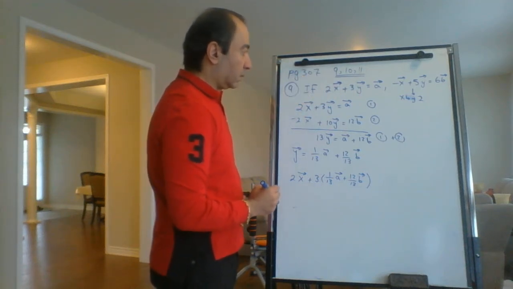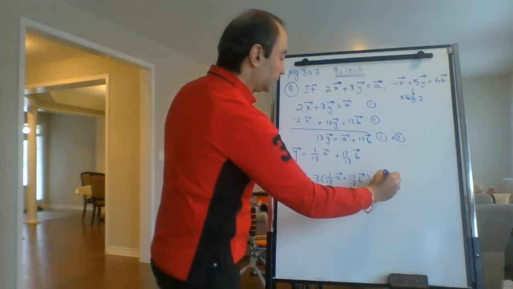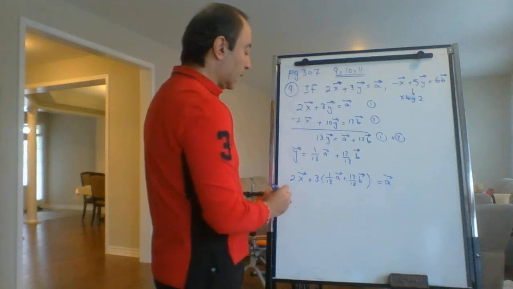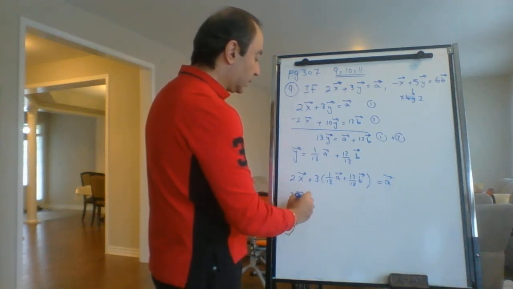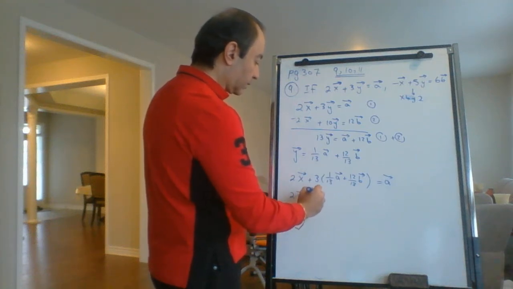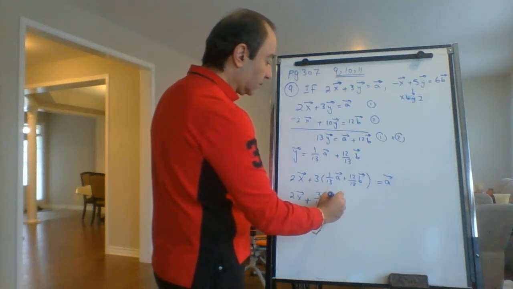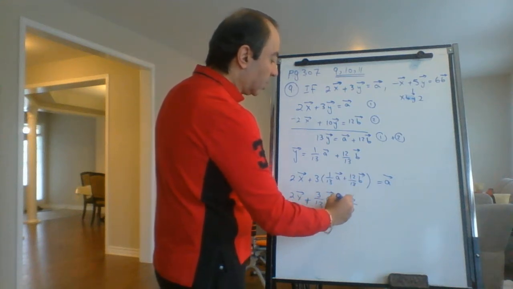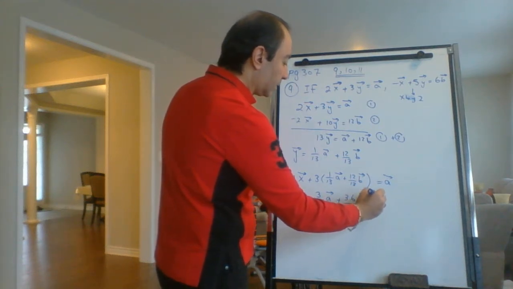That should equal vector a. Now, I will distribute the 3 over everything, so 3 over 13 vector a plus 36 over 13 vector b equal vector a.